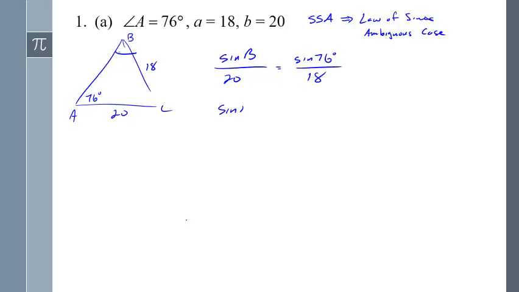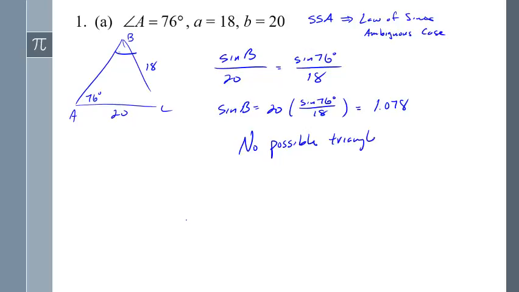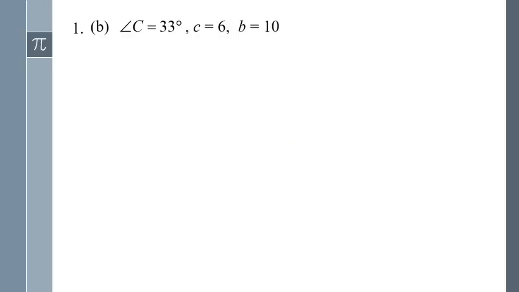So I get the sine of B equals 20 times the sine of 76 degrees over 18, and that gives me 1.078. So that right now means I'm done and I have no possible triangles because sine of any angle must be between -1 and 1.